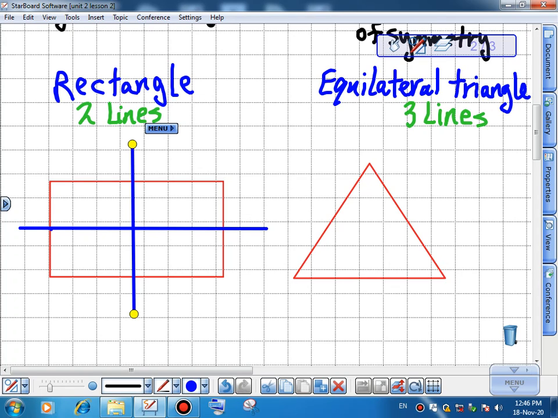The next figure, the equilateral triangle. We know that in an equilateral triangle all sides are equal in length. To get the lines of symmetry of this figure, number one, I cut the first side like this. Number two, cut the next side like this.